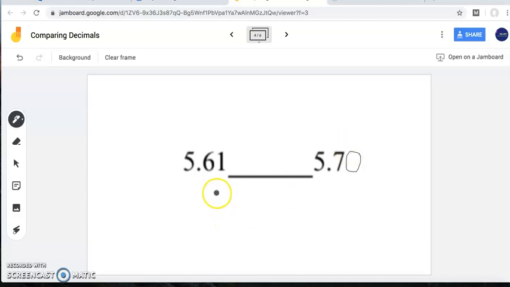So now I'm going to work from left to right again. I notice in my ones place I have a 5 in both of these numbers. So I'm going to move to my tenths place. I have 6/10 here and 7/10 here. 7/10 is a much larger value than 6/10. Therefore, 5 and 61/100ths is less than 5 and 70/100ths, or 5 and 7/10.